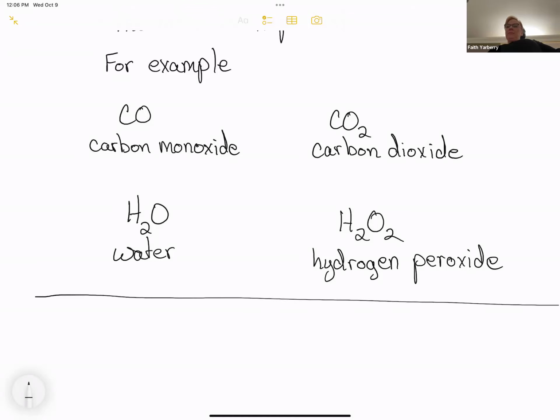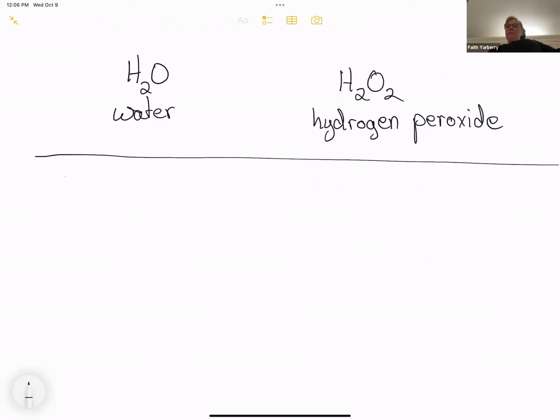Now, there are two types of compounds that we will discuss in this class. The first type of compound we are going to discuss is an ionic compound.